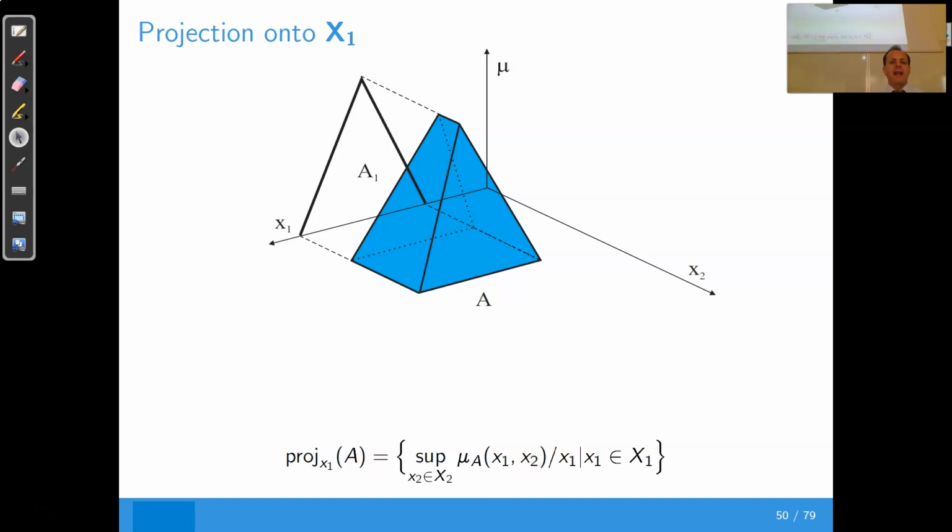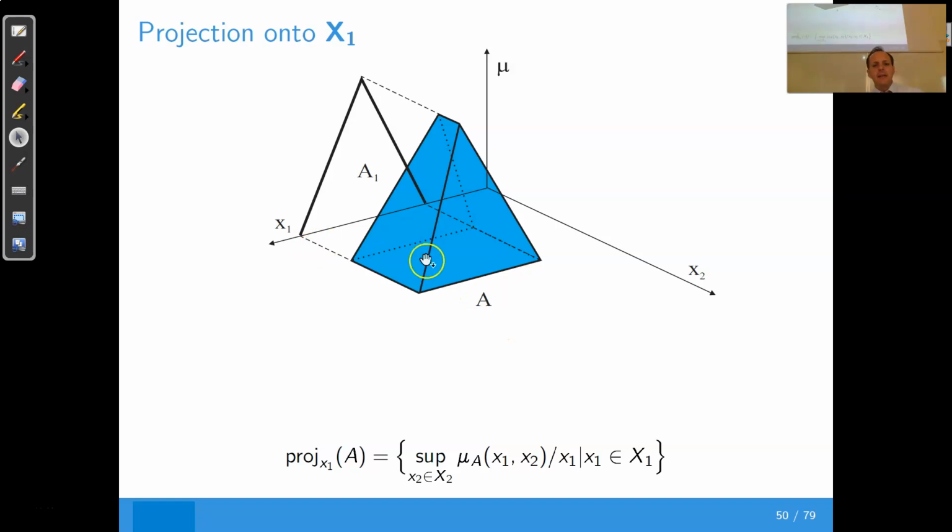It's again quite simple from a graphical point of view. You can see here the projection according to the variable x1 is defined as a supremum.